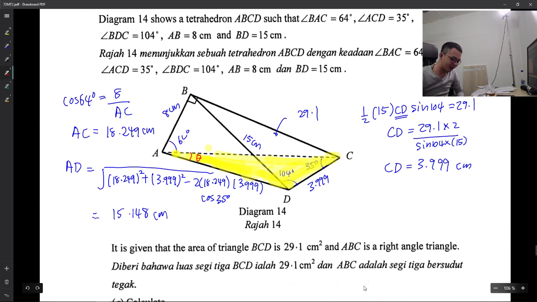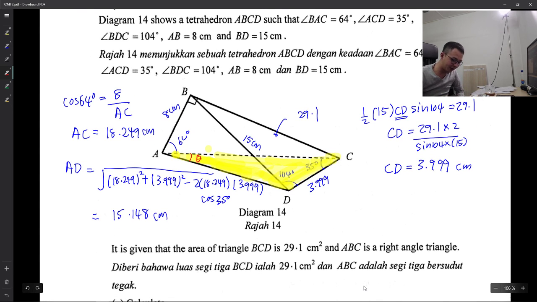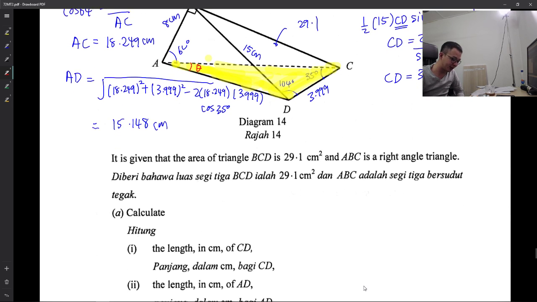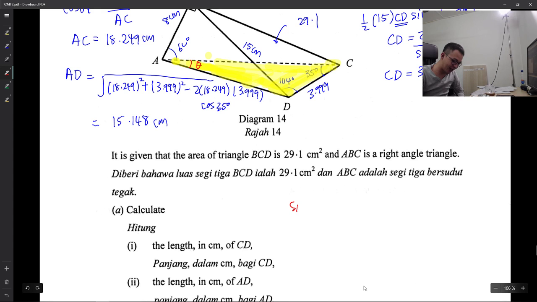In order to find this angle, I have all the lengths I want, so I can just use the sine rule. It's easier. So sine of angle CAD over the opposite length 3.999 equals sine 35 degrees over the length of AD, which is 15.148.